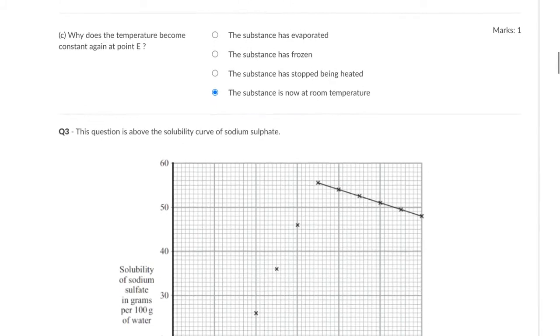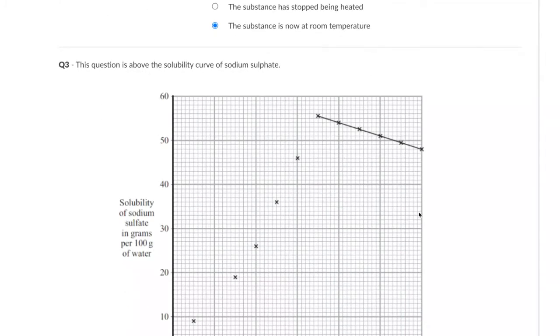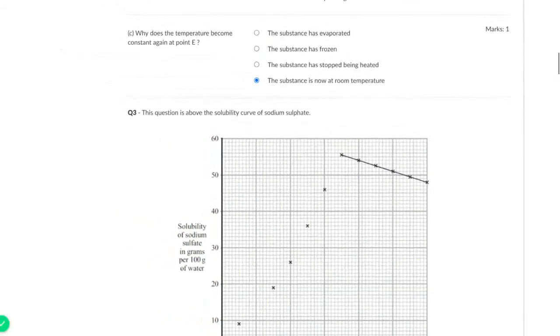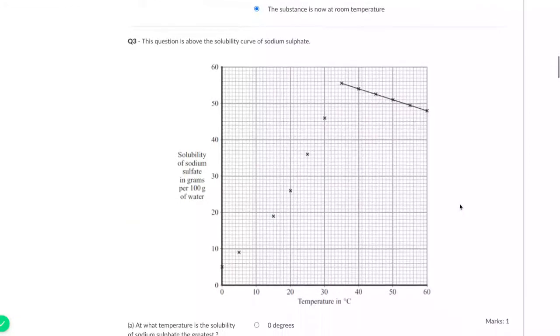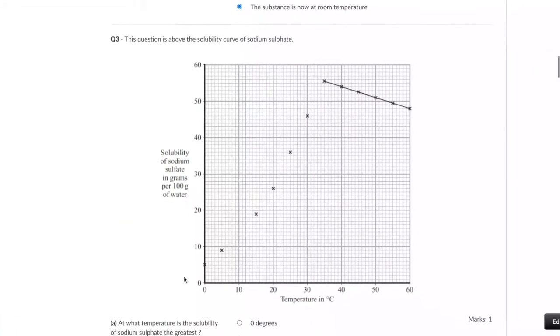So into question 3. This is a solubility curve, perhaps a different type of curve to the one that you may have generated in the lab yourself. And there would also potentially have been a second line drawn on here at some stage.